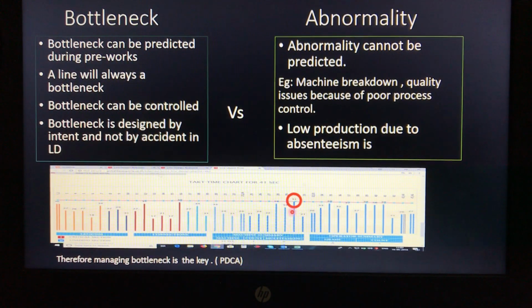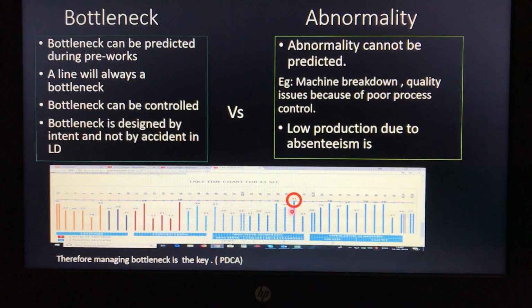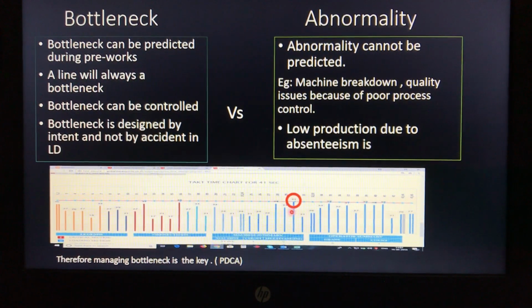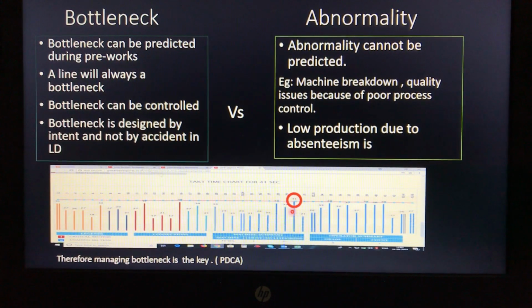And talking about abnormality, you really cannot predict when a machine will break down. You really cannot predict when your operators might fall sick. You really cannot predict when there will be a power cut. So those things which you really cannot predict can be called abnormality.